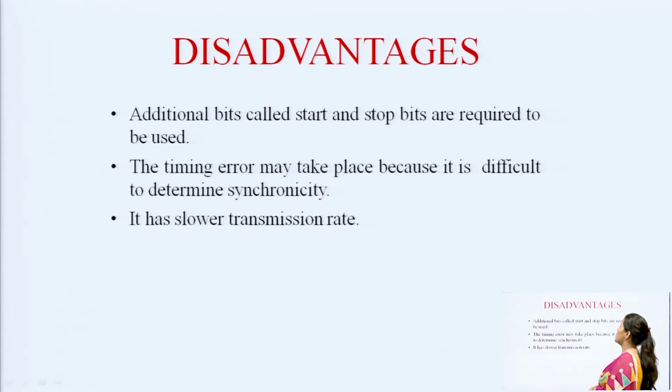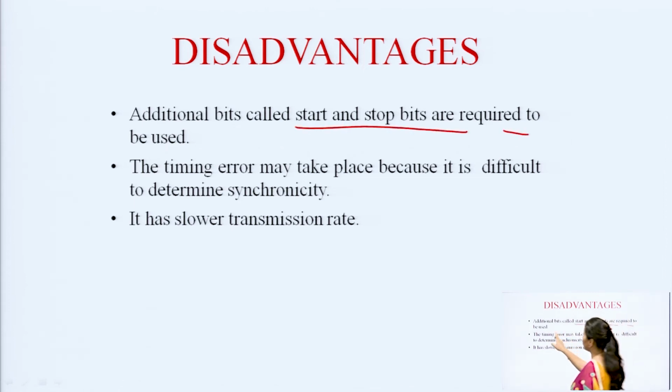Now, the disadvantages. Obviously every system has disadvantages along with a few advantages. Additional bits called the start and stop bits are required, that is the overhead, that is the add-on. It cannot be removed, we need to have these start and stop bits in case of asynchronous communication, because this is the only way of achieving synchronization in asynchronous transmission.